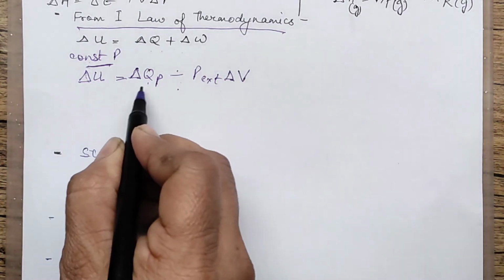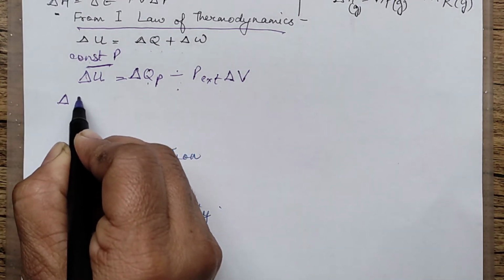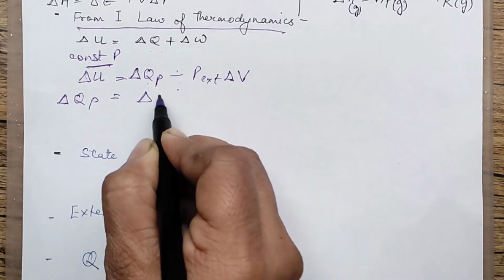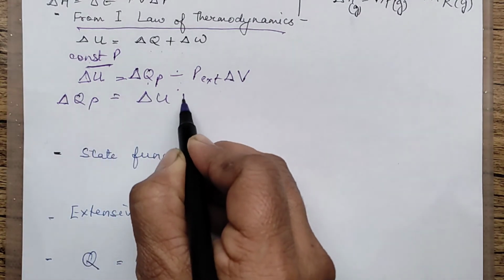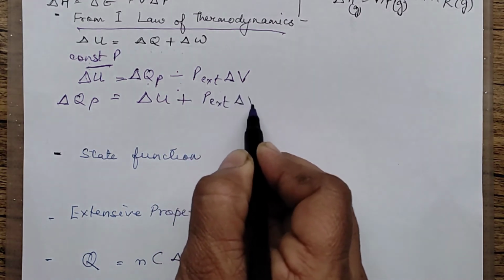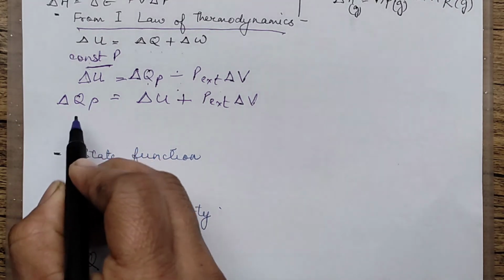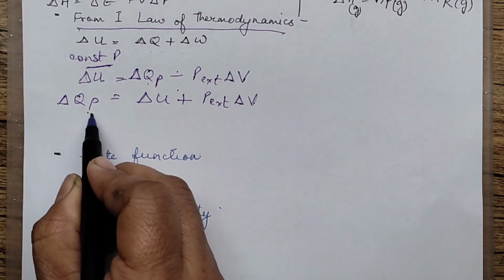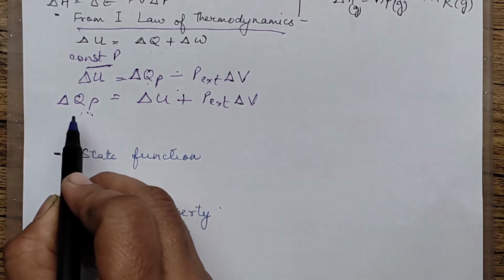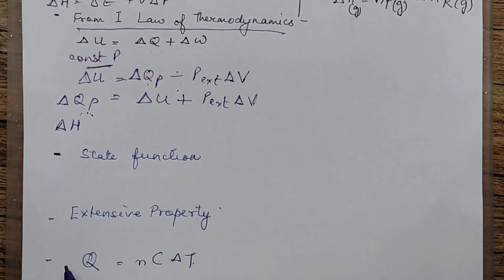Instead of delta Q, we can write Q_P, and instead of the work done, we can write P external delta V, which is equal to delta U. Now I'm just making some changes, bringing it to the left hand side. We will get delta Q_P equal to delta U plus P external delta V. What is delta Q_P? That is the heat change taking place at constant pressure, which is nothing but delta H, the change in the enthalpy.